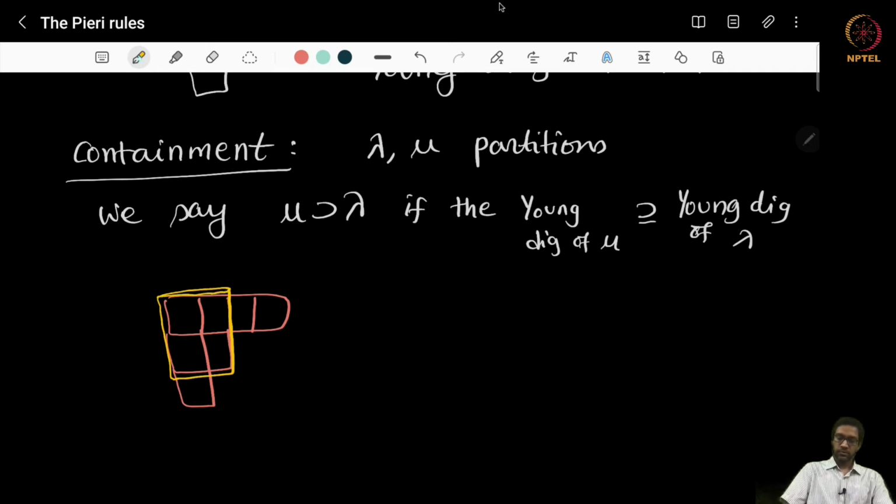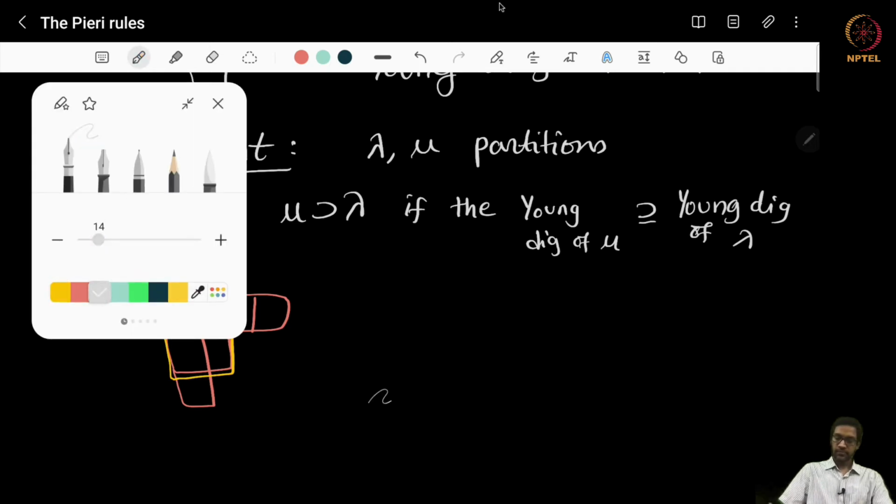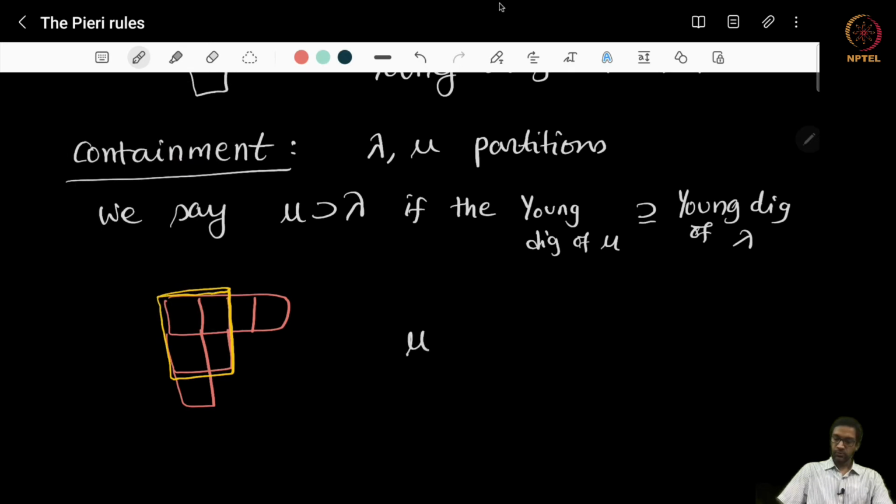In this example, mu is the outer partition in pink, that's 4, 2, 1, and lambda is the inner partition, which is 2, 2. Observe the Young diagram: not just more boxes, the boxes of lambda are contained inside the collection of boxes of mu.